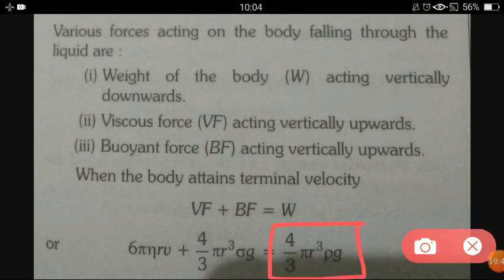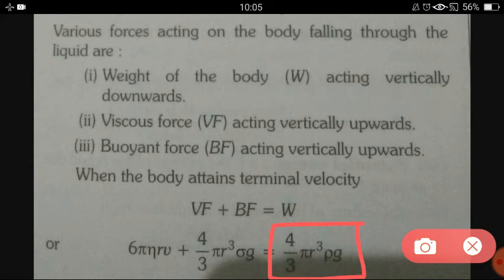So now you have understood how we get the value of W. Weight equals volume into density into gravitational acceleration. So volume of a spherical body, 4 upon 3 pi r cube, into rho, where rho is the density of the spherical body, into gravitational acceleration.